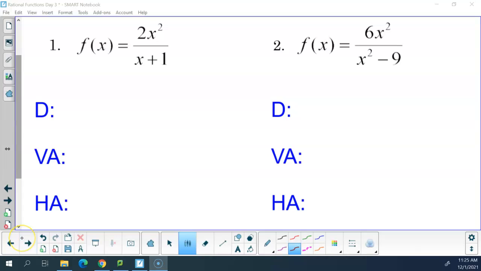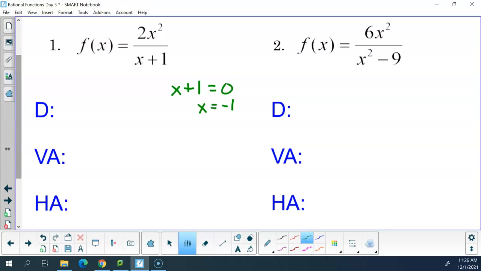So, according to our wonderful supplemental sheet, the cheat sheet, first thing we've got to do is find the domain. How do I find the domain? Denominator, bottom, whatever you want to call it, set that equal to 0. So in this particular case, that would be x plus 1 equals 0. Then I solve that: subtract 1 from both sides, gives me x equals -1.